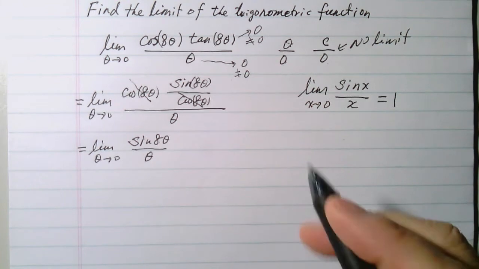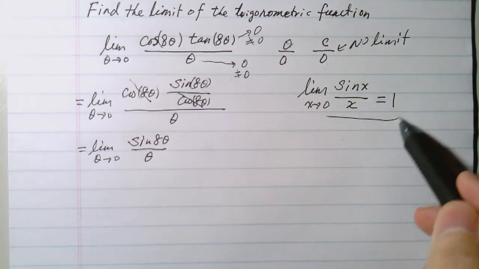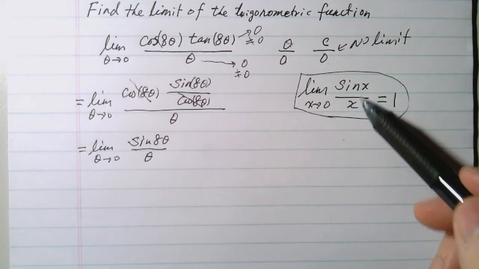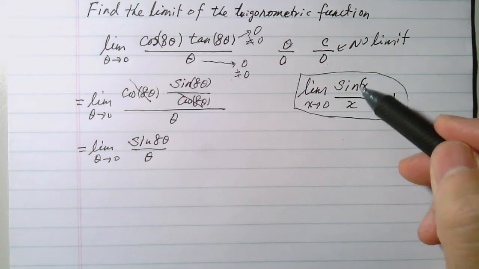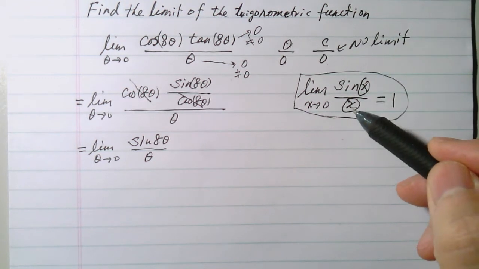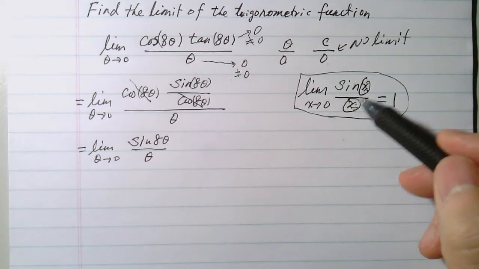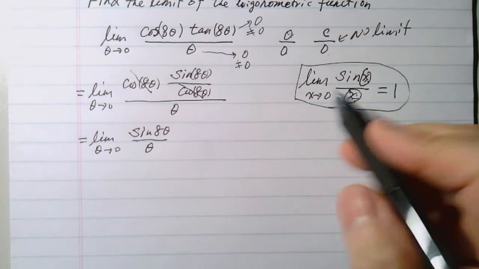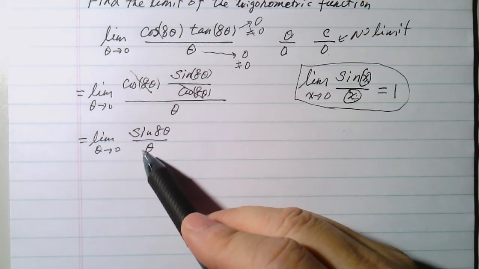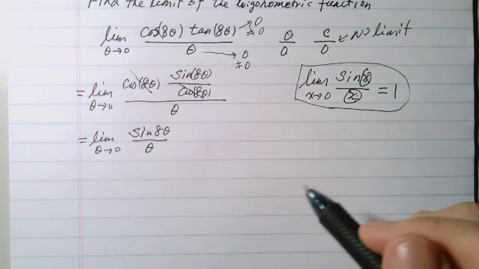What we try to do here is use this limit. In order to use this limit, the two arguments, the x and the denominator, must be the same. So if this is 8 theta, then I know the limit is going to be 1.